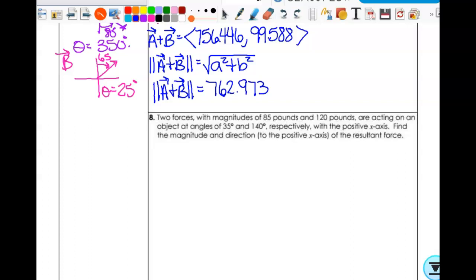Pounds, okay? And so that 400 and that 400 acting on those angles, I didn't get 800, but I did get 762 something pounds. There's my magnitude. Okay? What questions do you have?